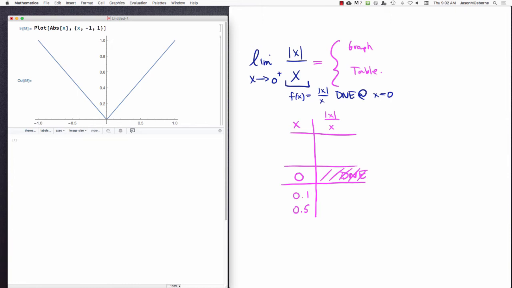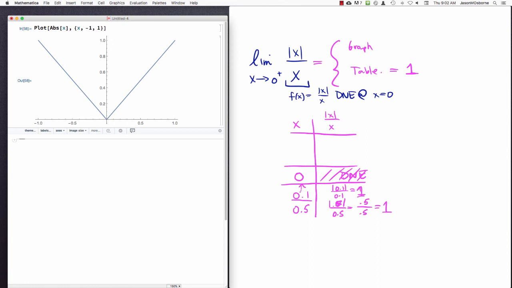Notice what happens when you put in 0.5. The absolute value of 0.5 is 0.5, divided by 0.5, and you get 1. How about when you put in 0.1 into the function? The absolute value of 0.1 divided by 0.1 is equal to 1 also. So as x goes to 0 from the right, it looks like our values are going to be 1 no matter what value of x. From the right you get 1.